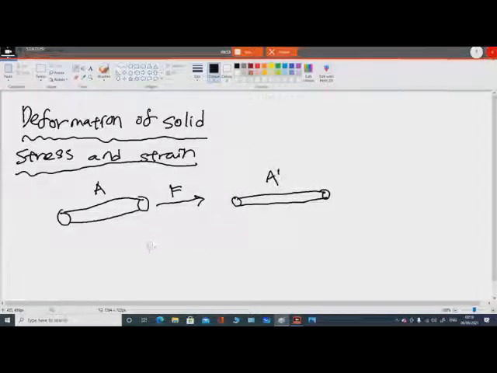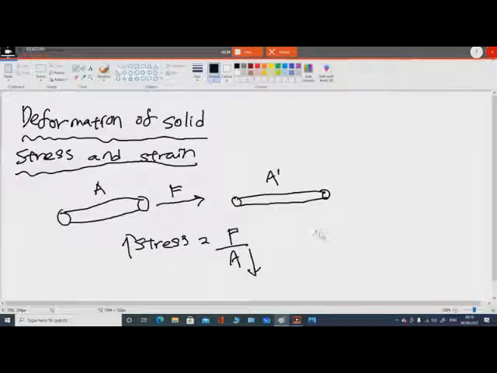As we can see, stress is equal to longitudinal force divided by the cross-sectional area. If our stress is bigger, the cross-sectional area we get is smaller.